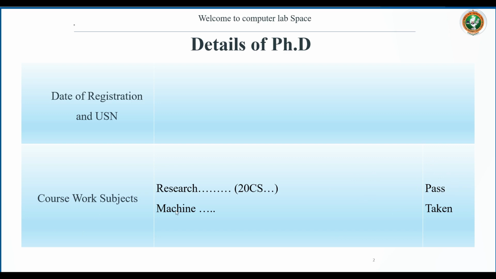If one or two subjects are pending, mention them as to be taken for the next exam. It is okay if you mention this much in your second slide. Hope it is clear. If you have any doubts, you can message me, or mail me at computerlabspace@gmail.com, which is available in the description of this video.